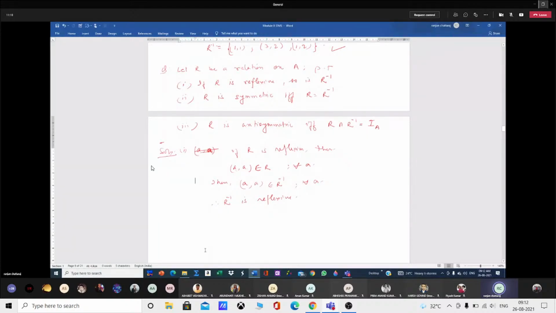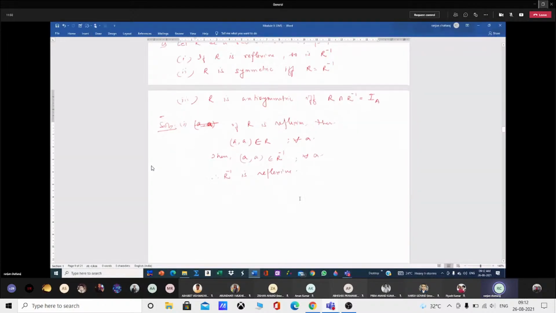Try to solve it. After that, we will start the diagram. The second one is also simple. Suppose R is symmetric.